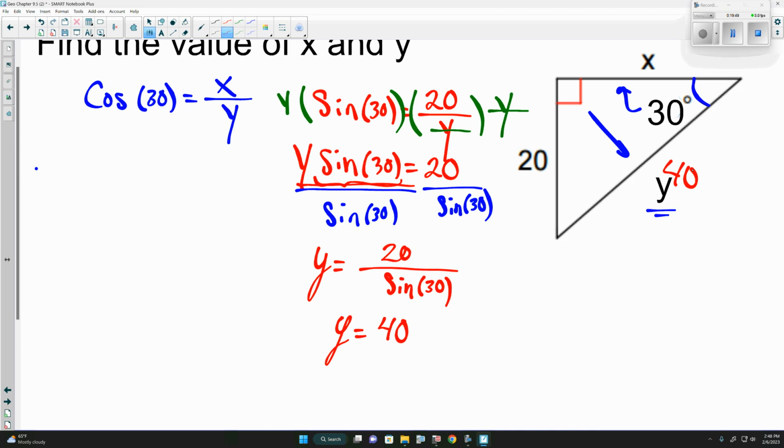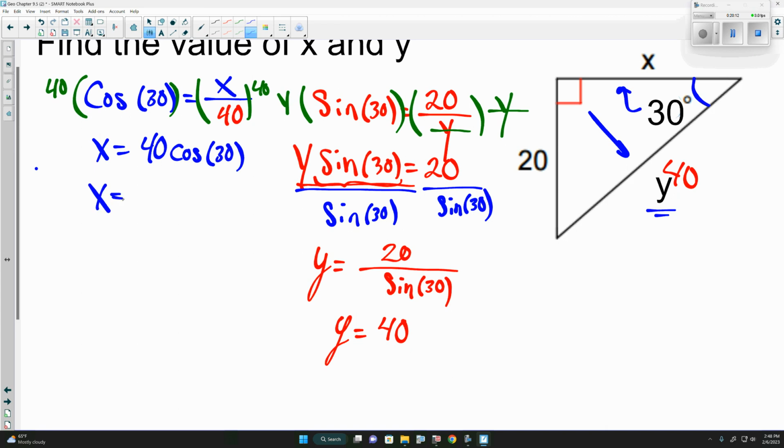So we now know what the hypotenuse is, yes? So over here, we can replace y with 40, and we multiply by 40, we get x is equal to 40.